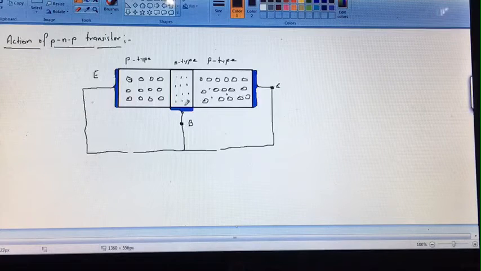So the emitter base junction for the operating region should be in forward bias, so that's why P should be connected to the positive terminal of the battery and this should be connected to the negative terminal.